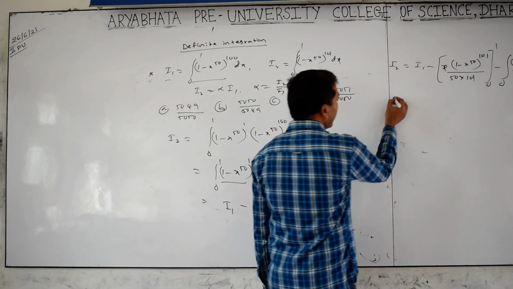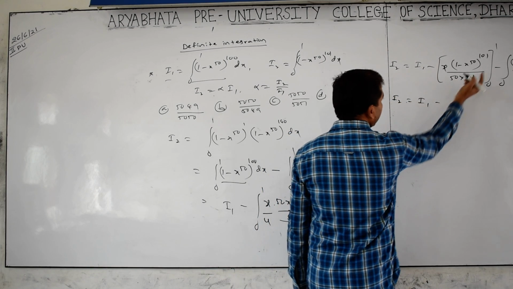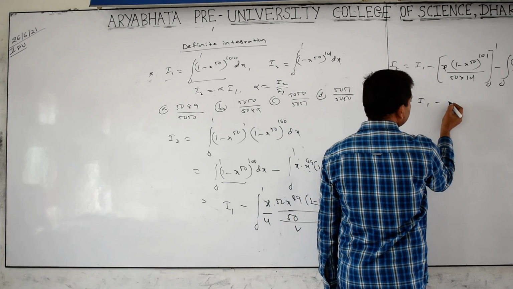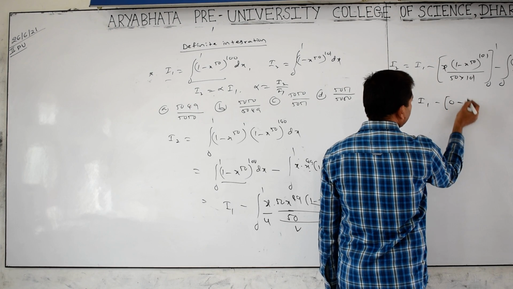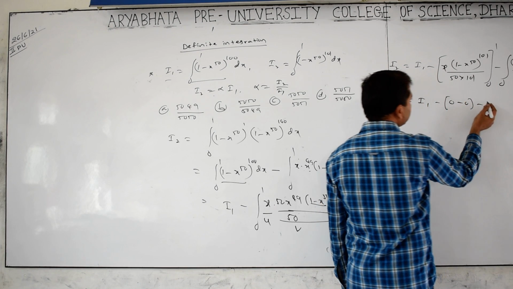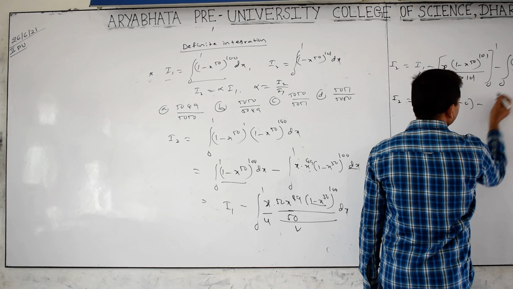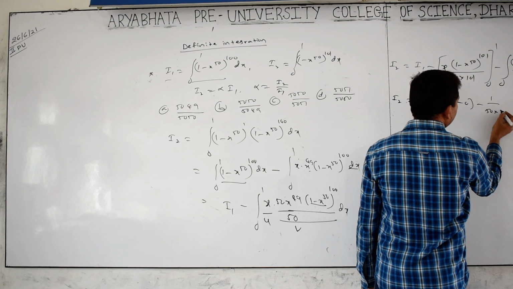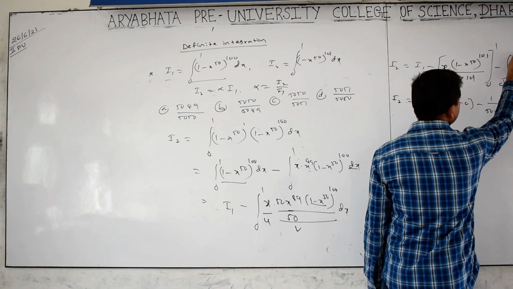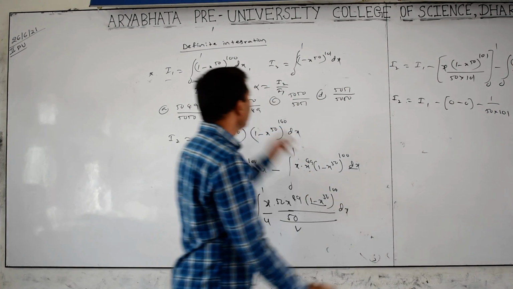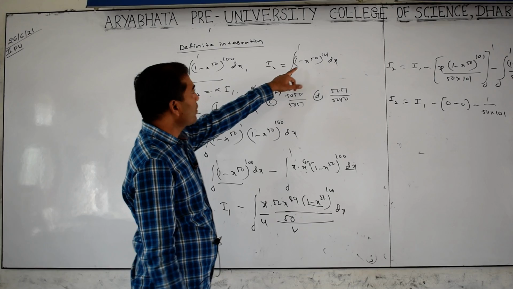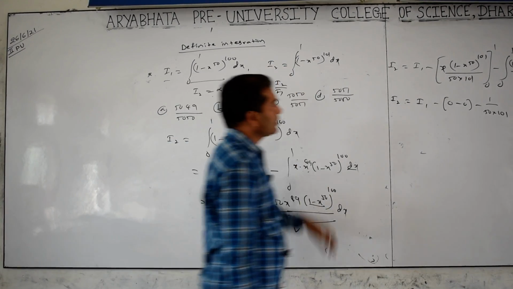Yes, this is I2 equal to I1. Apply the upper limit, 1 minus 1 is 0, and the lower limit is also 0, minus the integration from 0 to 1 of 1 by 50 into 101, take it out, integration of (1 minus x power 50) whole power 101, which is I2.